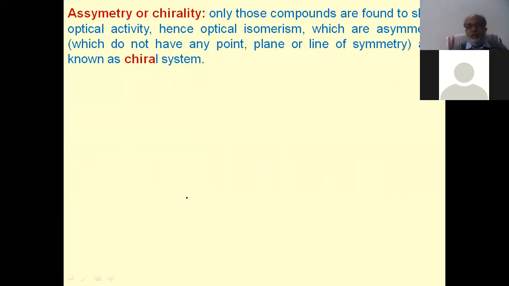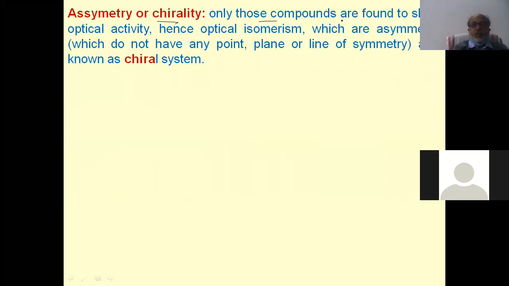There are lots of things required to show whether it is going to be optically active or not. The first and important criterion is that it has to be asymmetric, the term used being asymmetry and chirality.